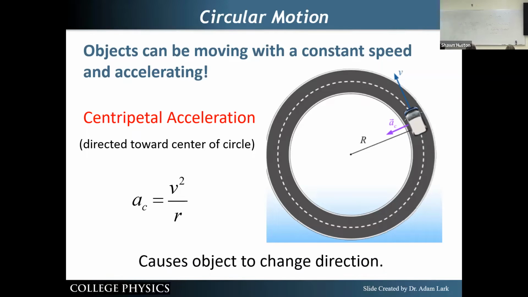This centripetal acceleration is what causes the change in direction of our velocity vector. The velocity vector stays the same length, but changes direction as this object tracks around in a circle. Okay, anything here, guys?